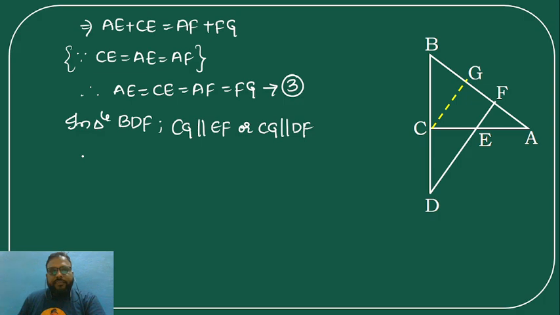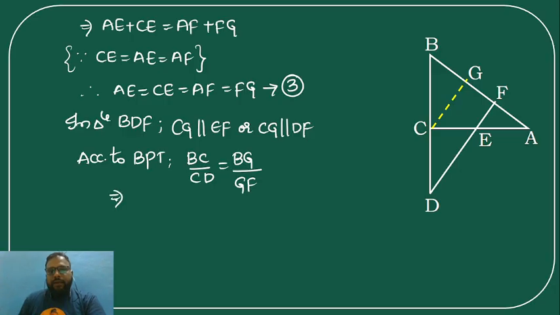So according to the basic proportionality theorem, what can I write? BC by CD is equal to BG by GF. Can I use this? Yes, we can write it. BC by CD is equal to BG by GF.